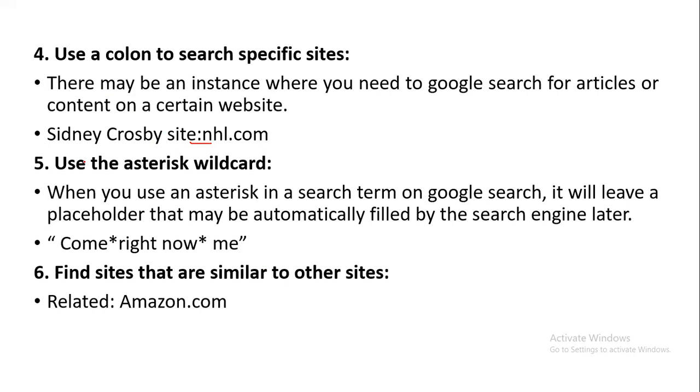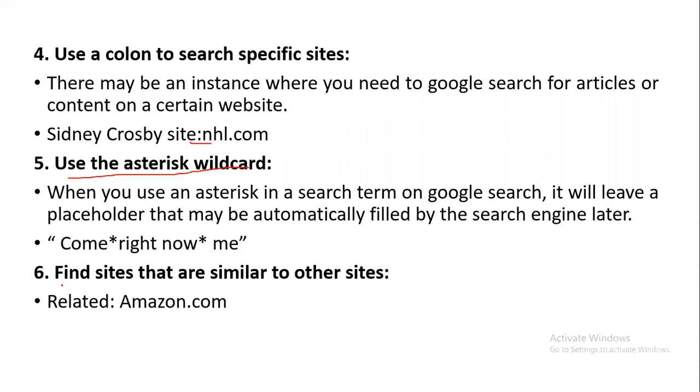And now, on number 5, I will use the static wildcard. Suppose I know some words but I don't know the complete phrase or the complete sentence, and I want to search for those possible words in that sentence.